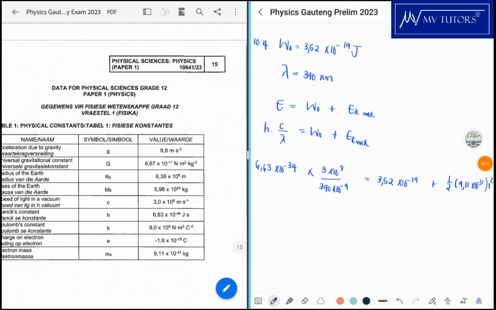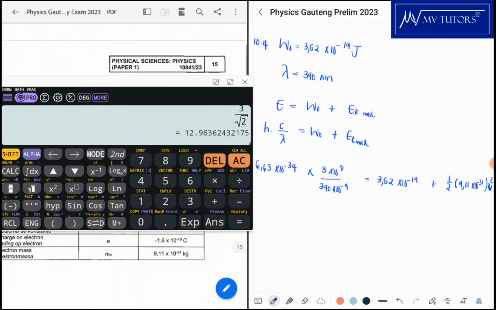Now we have to rearrange this equation such that velocity becomes the subject of the formula. Let's just calculate the right side of the equation.